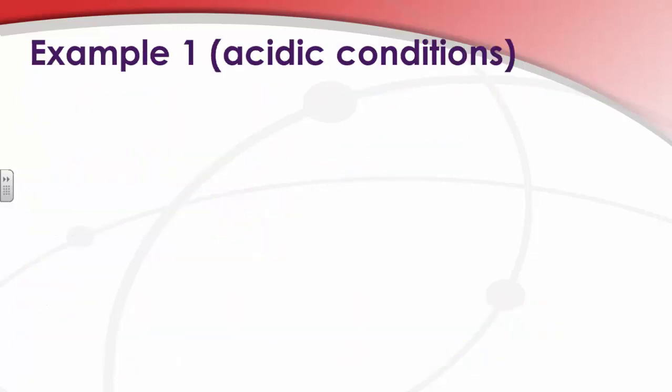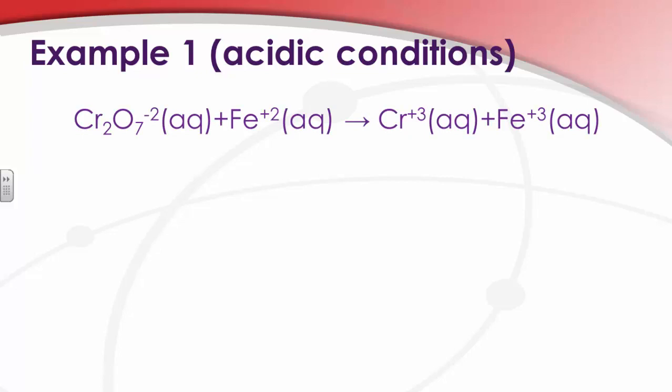Okay, so let's go through an example. So let's assume that we're oxidizing iron with dichromate, like in this reaction shown here. So dichromate is reduced to chromium ion, and iron is oxidized from 2+ to 3+.